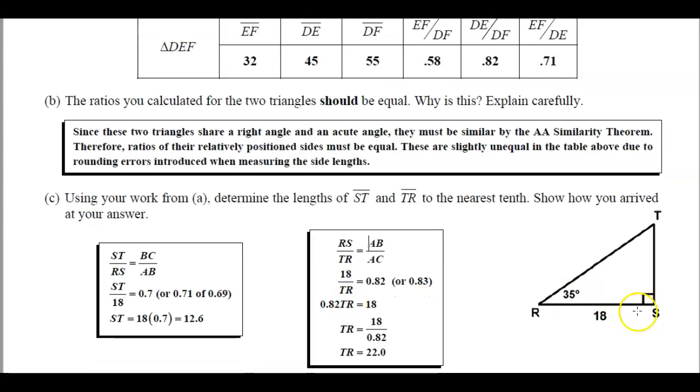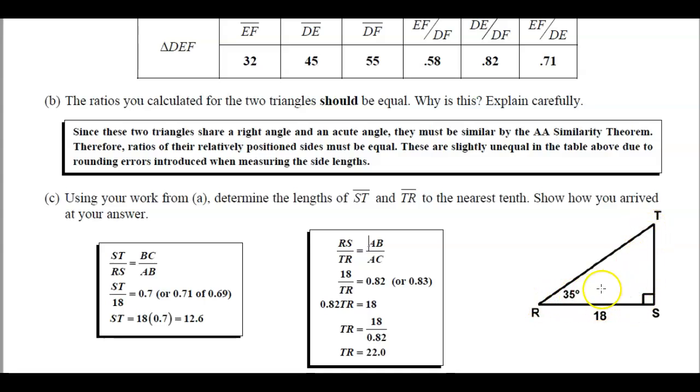All right, so here's another 35-degree right triangle. So what I know is, in any 35-degree right triangle, the ratio between the sides should be roughly the same. And so what we're saying then is that the ratio between ST and RS, which is the vertical leg and horizontal leg, or another way to say it is the side opposite the 35 and the side adjacent to the 35-degree angle.